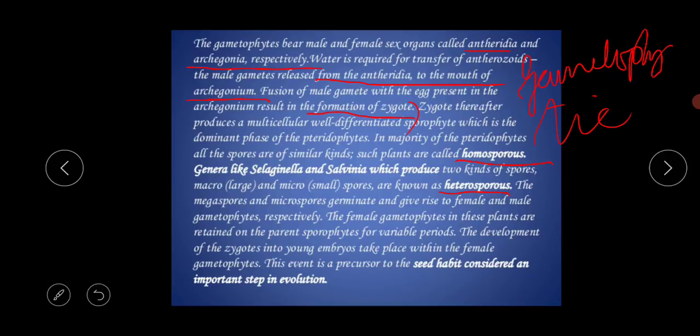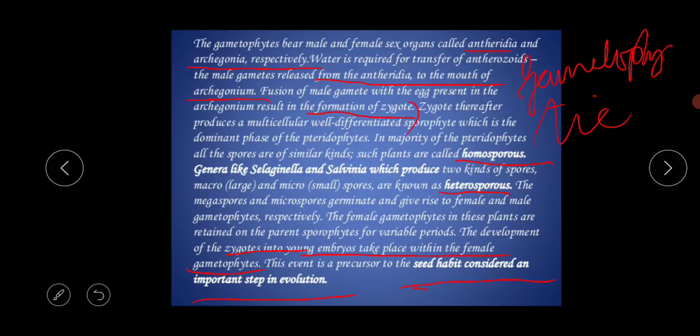The development of the zygote into a young embryo takes place within the female gametophyte. This event is a precursor to the seed habit, considered an important step in evolution.